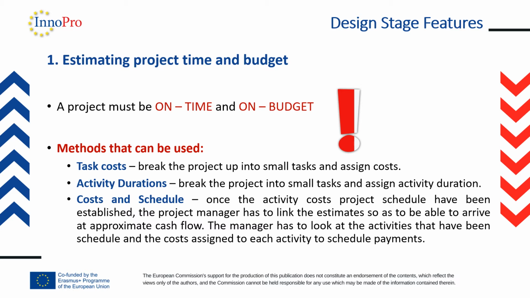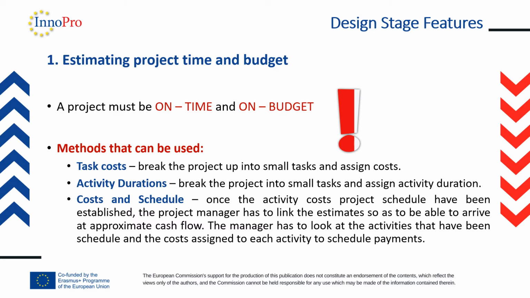When we are talking about time, we can, for example, discuss the activity duration. It's necessary to break the project into small tasks and assign activity durations to them. And finally, costs and schedules. Once the activity costs and project schedule have been established, the project manager has to link the estimates to be able to arrive at an approximate cash flow.